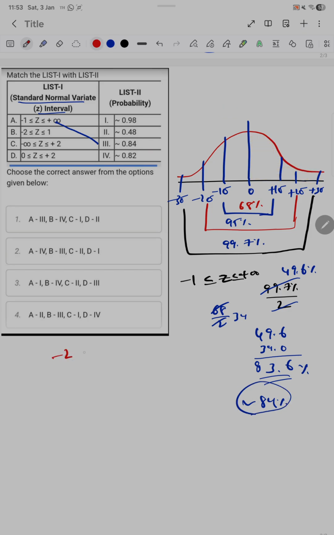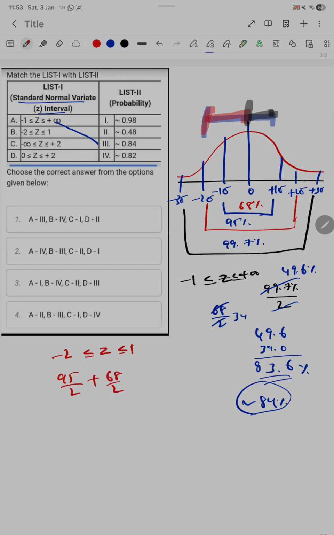And for the next one, -2 z lies between -2 to +1. Here also it is divided into two parts, -2 to 0 and 0 to +1, right? So we follow the same thing. -2 to 0 is 95 divided by 2, and 0 to 1 is 68 divided by 2.